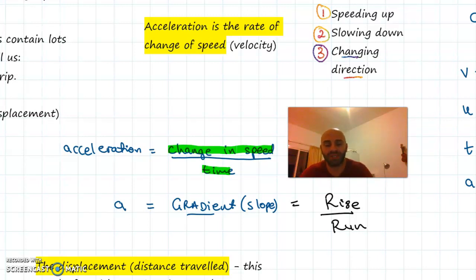And what we'll see in a little while is that we'll be able to calculate the acceleration from a velocity-time graph or a speed-time graph from the gradient or the slope of the graph. Now, if you remember, the gradient of the graph is just the rise divided by the run. Okay, rise divided by the run.